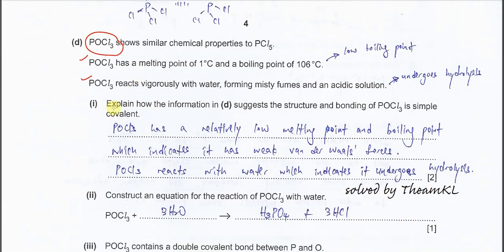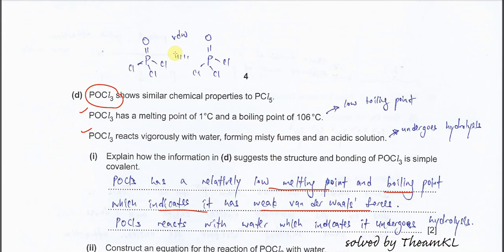Part 1. Explain how the information in D suggests the structure and bonding of POCl3 is simple covalent. Simple covalent means it's a simple molecular structure. For this one, POCl3 has a relatively low melting point and boiling point, which indicates weak van der Waals forces between the molecules.